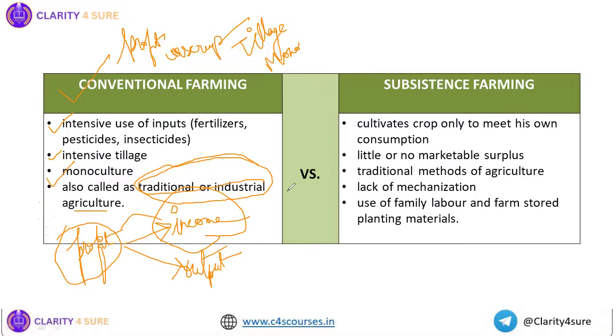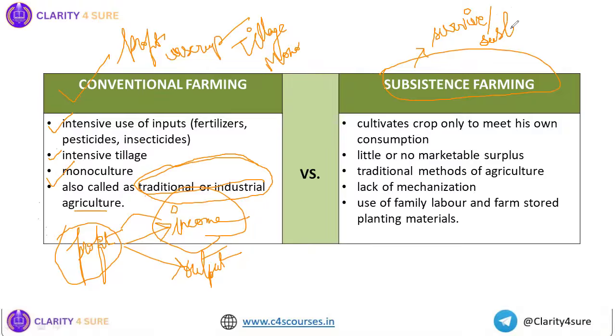On the other hand, we have subsistence farming. As the name suggests, it is to survive, it is to sustain. This sort of farming is mainly done to survive, or to sustain, as the name itself suggests.